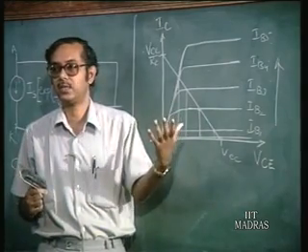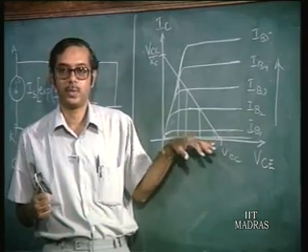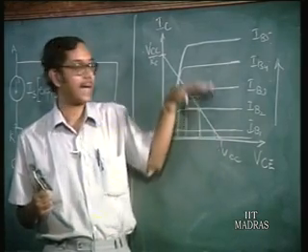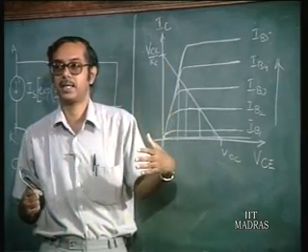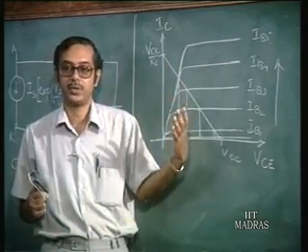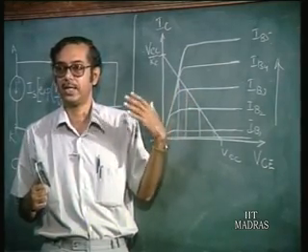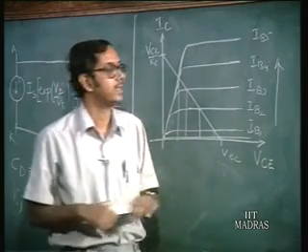So you have the 3 regions of operation. The cutoff region where the collector current is almost 0. Then you have the active region where the collector current increases with increase in base current. And then you have the saturation region where the collector current is fixed. It does not increase with increase in base current.